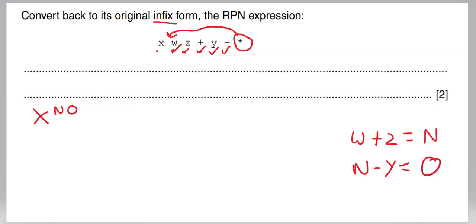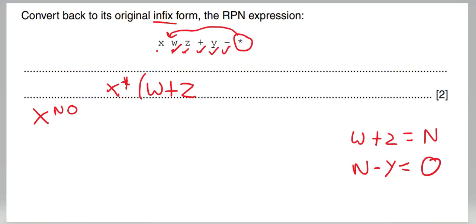So we're going to be left with, if I write all of this out as an expression, X multiplied by my first bracket, N. Remember, we've got N because of the W plus Z. So it's actually still going to be W plus Z. Oops, don't close bracket yet.